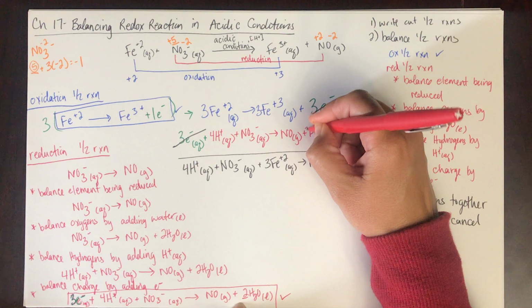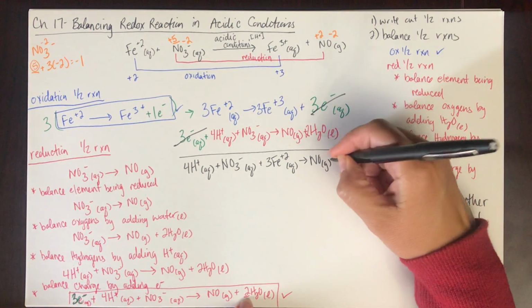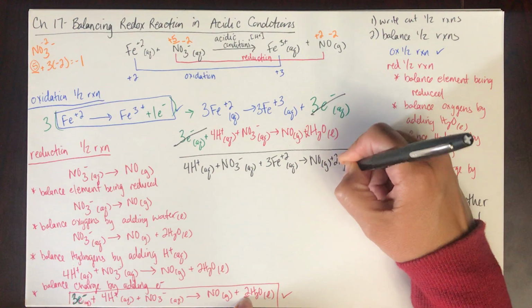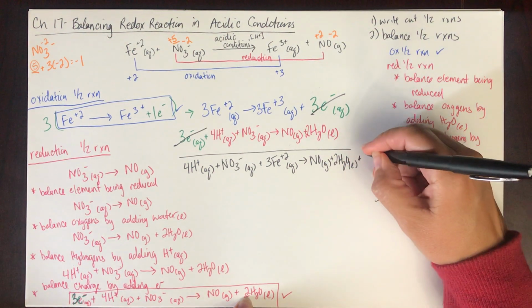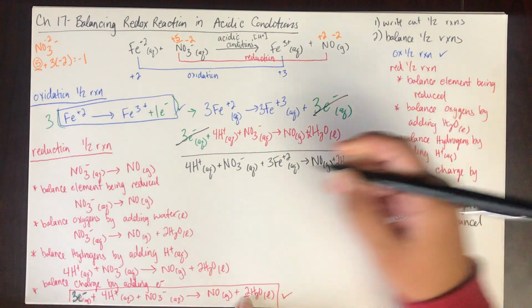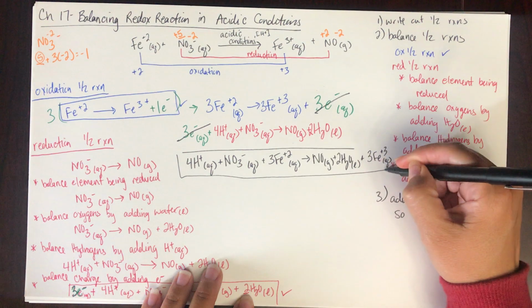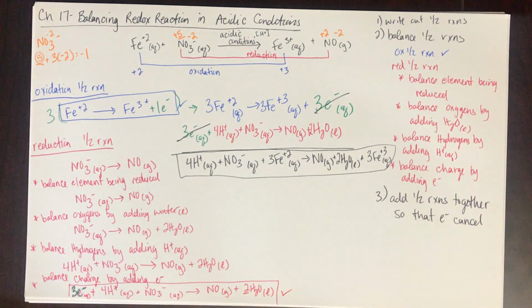I forgot to write 2. Plus 2 water plus 3 Fe3+. And this is the balanced redox reaction in acidic conditions.